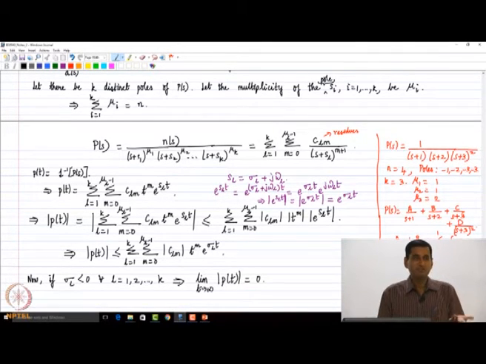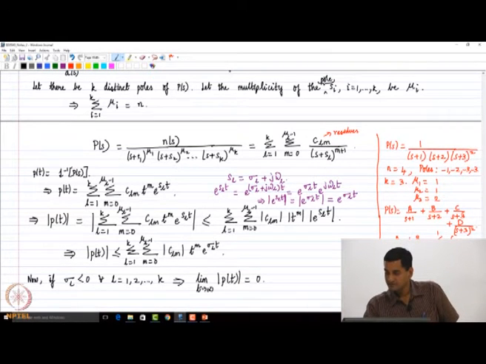Let's say there are k distinct poles, where k can be less than or equal to n. Whatever poles are there, all poles must have negative real parts, or in other words, all poles must lie in the left half of the complex plane.